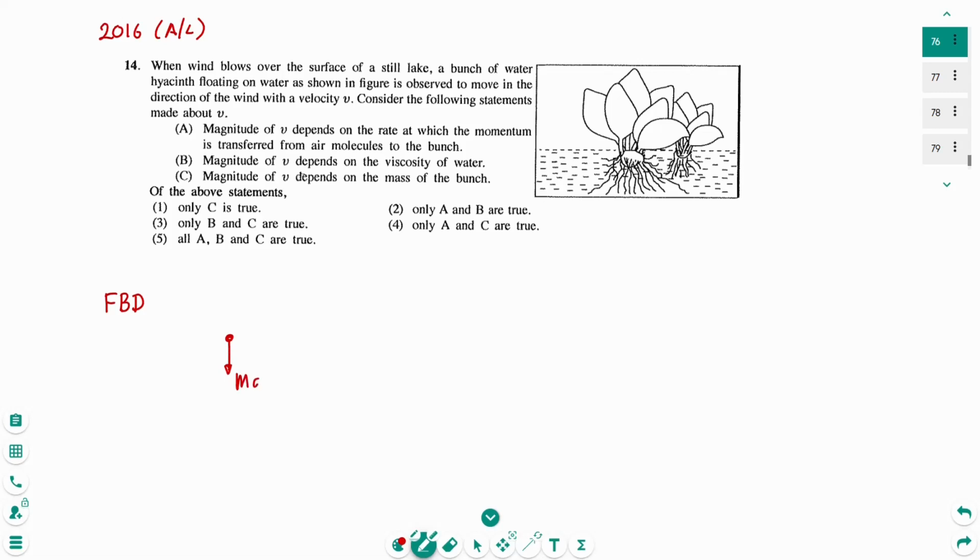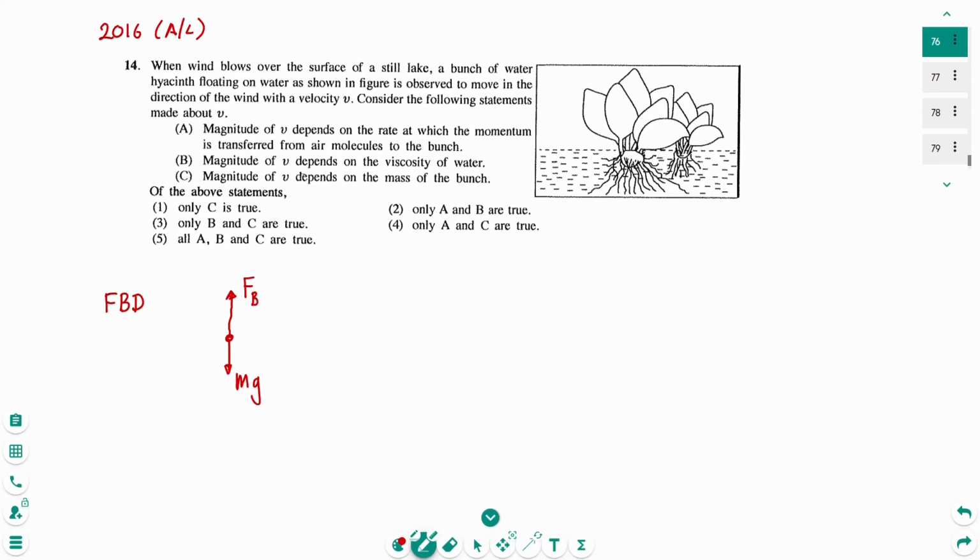Let's call that mg, where m is the mass of the bunch, and it's floating. As a result, there's a buoyant force acting on the bunch, directed vertically upward. Let's call that FB. B stands for the buoyant force.